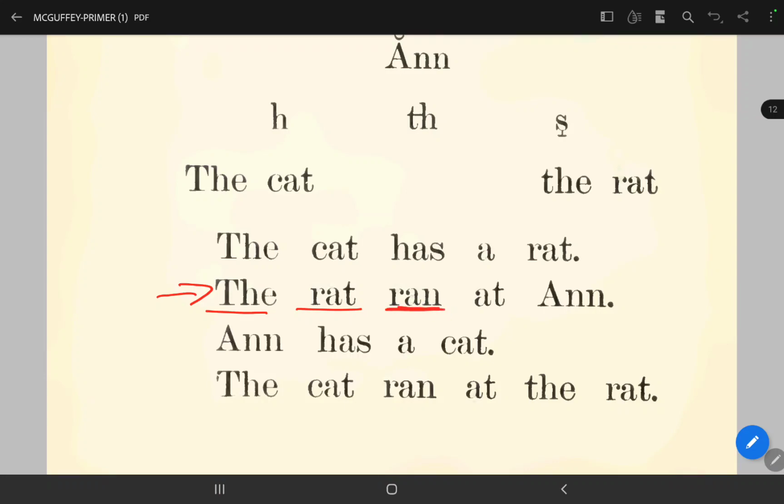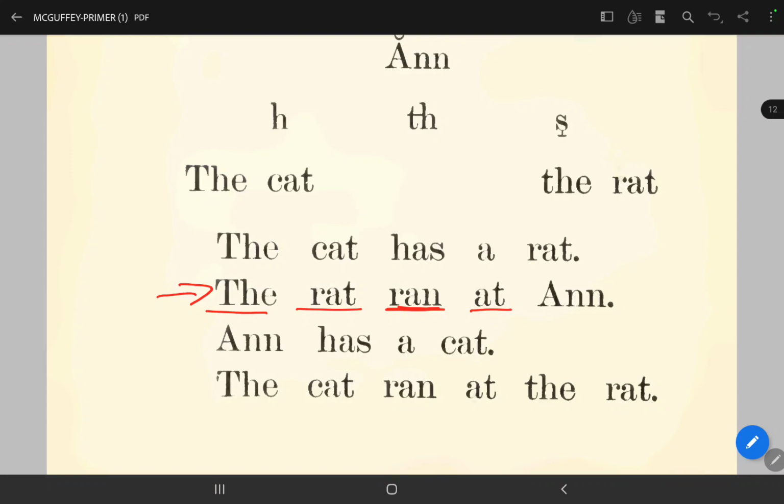It looks very much like rat, except we replace the T with an N. So it's the English voiced R, R, and that A, the English A, ra, and we replace the T with the N, ran. The rat ran.